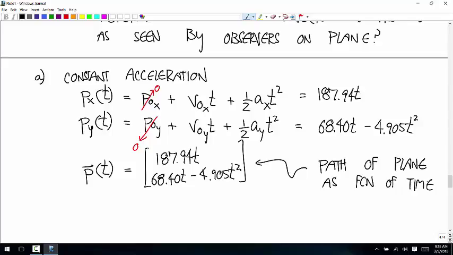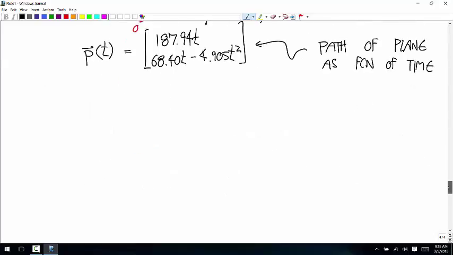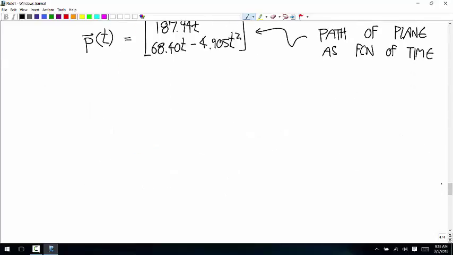So that's what the pilot does. And so now we know that the acceleration of the plane relative to the ground is equal to 0, negative 9.81. That was the starting point of this calculation, but you can also take two derivatives again and get that.